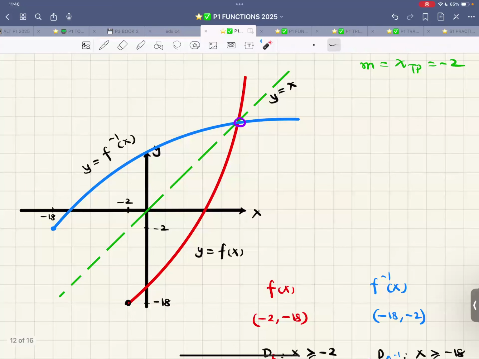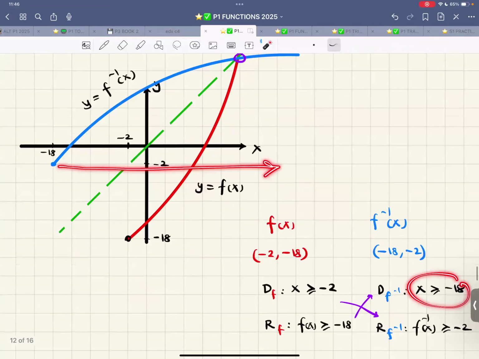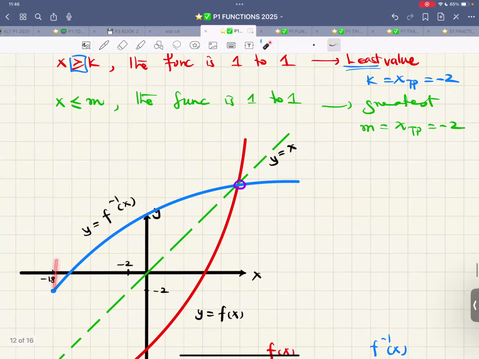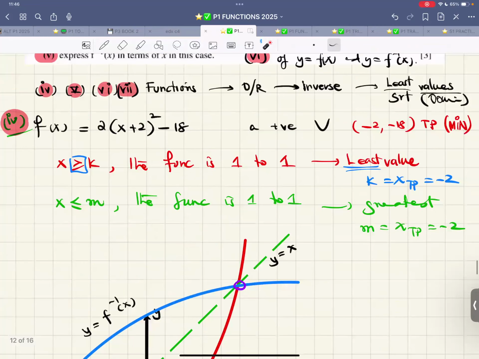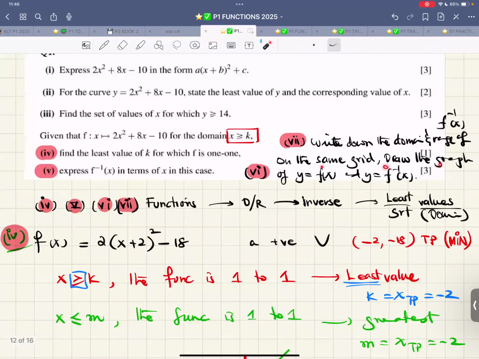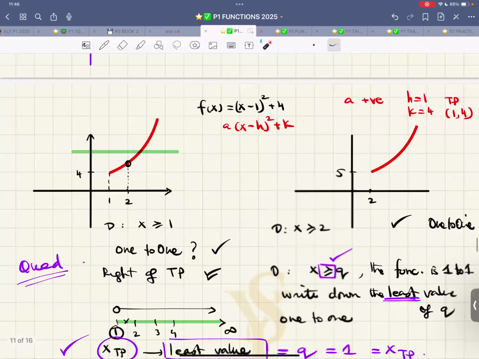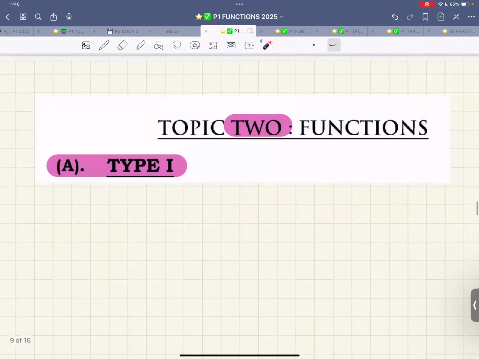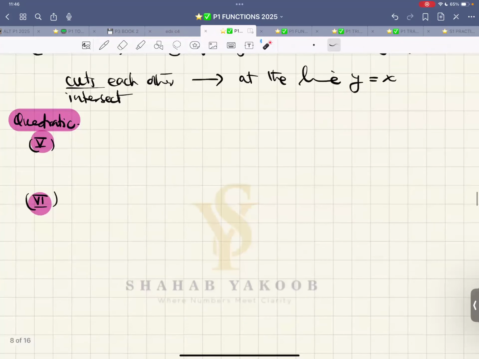Now, in the inverse, when we are going to the right of negative 18, the y values of the inverse are increasing from minus 2 upwards. So this is negative 2, the y values are increasing. You go right, the y values are increasing. All good, all clear? On the same grid, draw the graph of f(x) and f inverse x, write down the domain and range. That's also done. Express f inverse x in this case. Now over here, what I need to do is this thing.